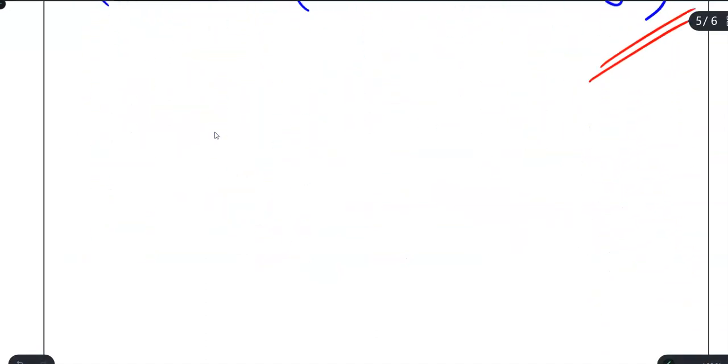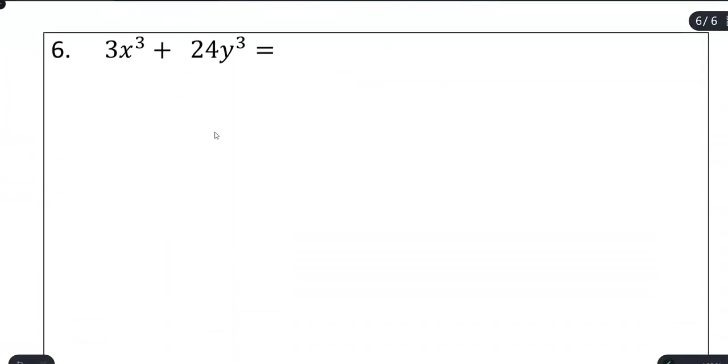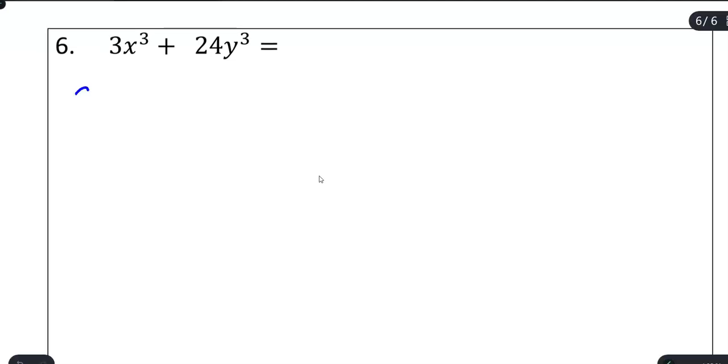Alright, so let's move on to the last question. This one is a sum of cubes. However, 3 is not a perfect cube, 24 is not a perfect cube. So what you want to do is apply the previous concept. I mentioned in a previous question that you should try a common factor. The common factor between 3 and 24 is 3. So if I write 3, here I should have 8.